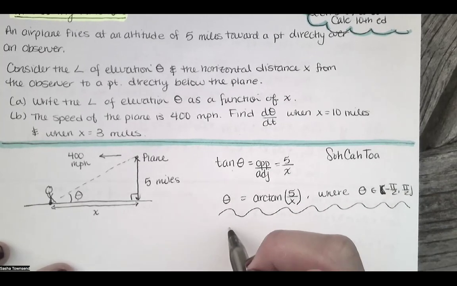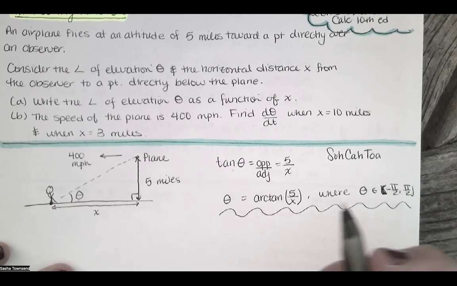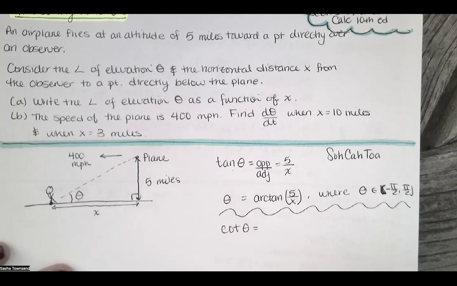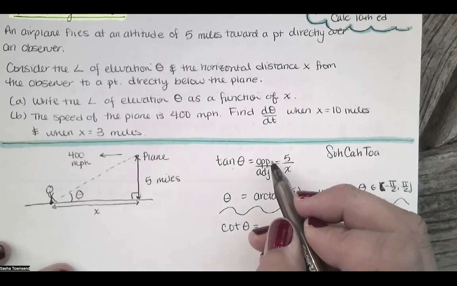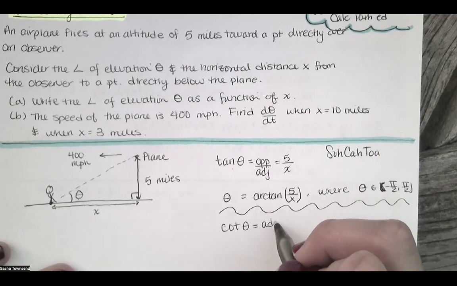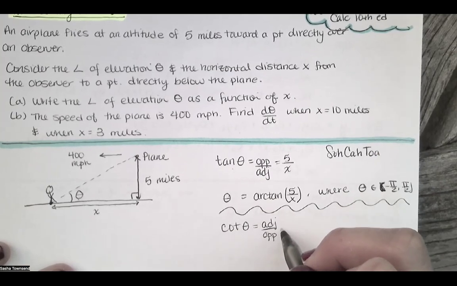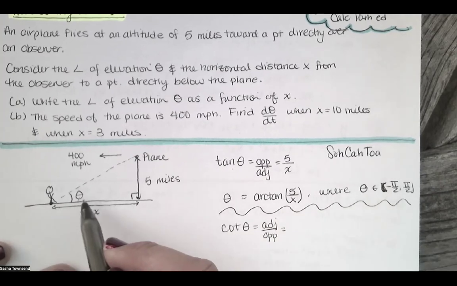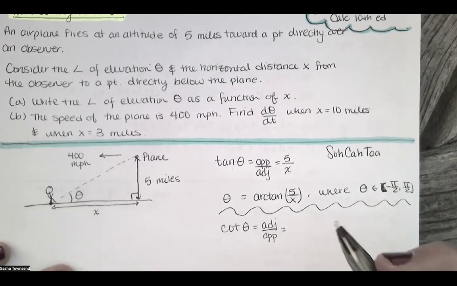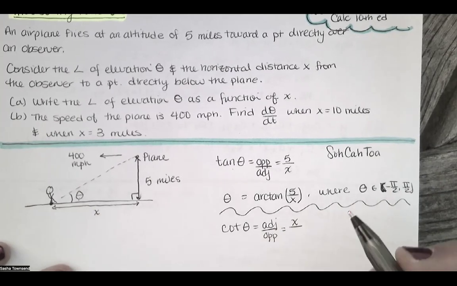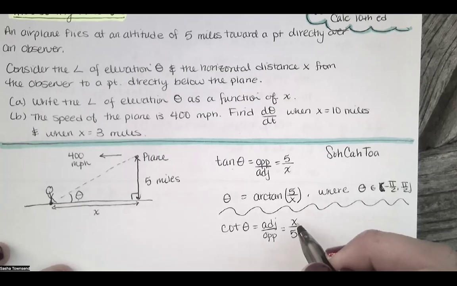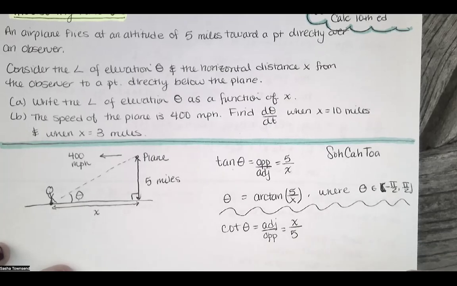Now the other possibility is that we could say, instead of using tangent, since we have the opposite and adjacent sides, we could use cotangent. Cotangent is the reciprocal of tangent. If tangent is opposite over adjacent, cotangent is adjacent over opposite. So the side adjacent to theta, that's the side next to theta that is not the hypotenuse, is x. When the opposite side is 5, that's x miles to 5 miles.